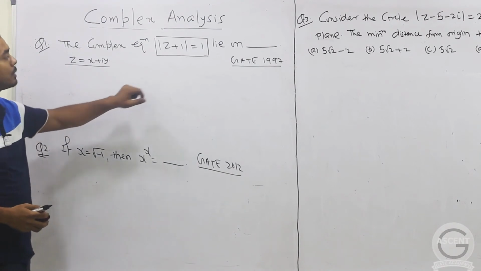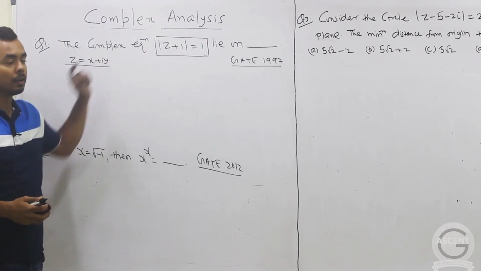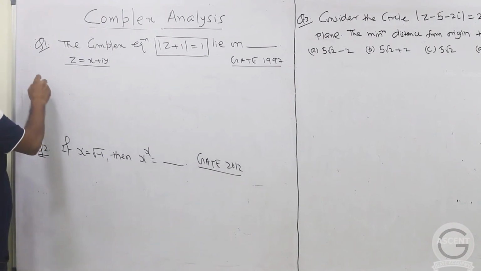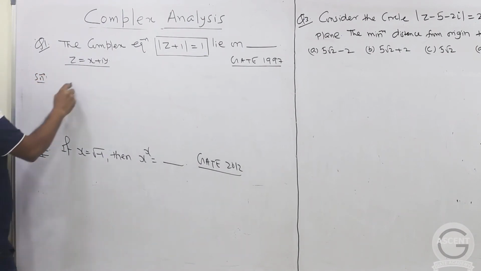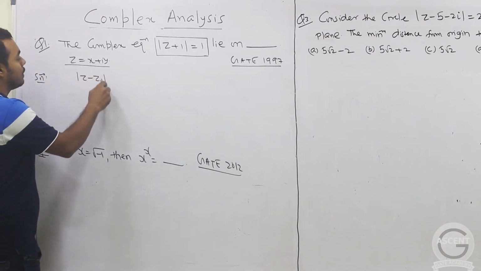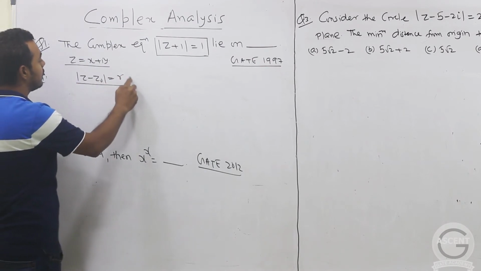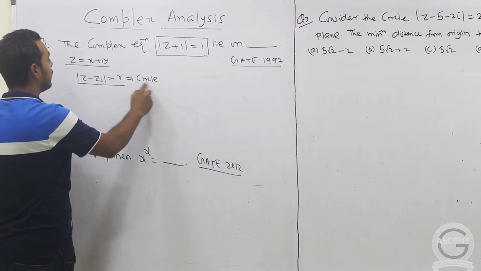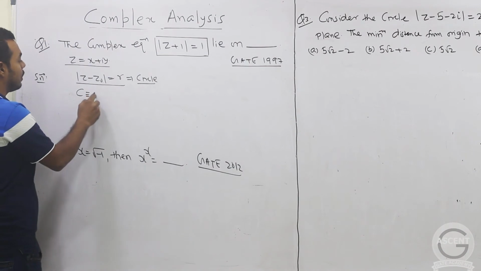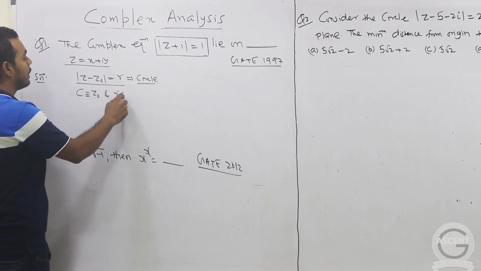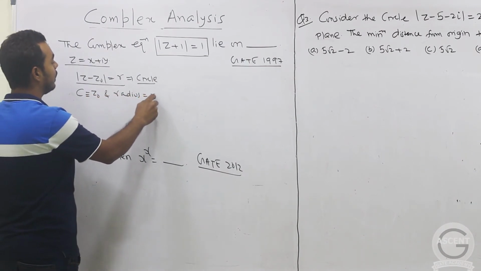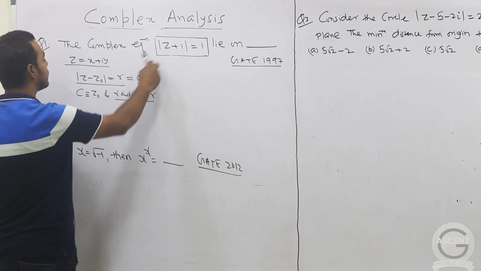So basically the problem is you have to identify what kind of locus it is. Just now we have seen that mod z minus z naught equals r represents a circle, and the center of the circle is at z naught and the radius is r unit. So here you can see that this equation is in this form.